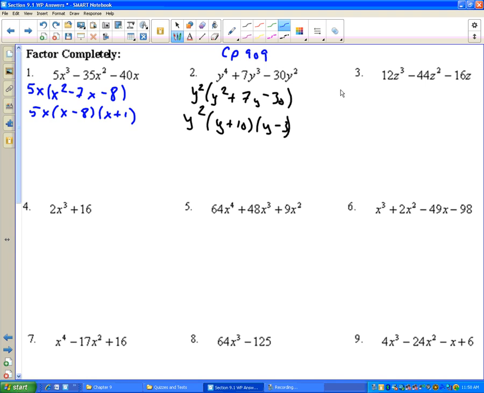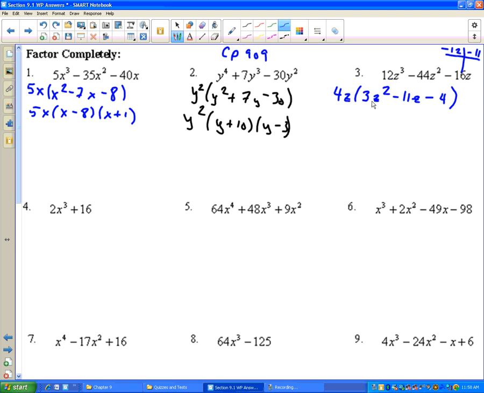Number 3, again fully factored, 12z cubed minus 44z squared minus 16z. I'm going to pull out a 4z. That's going to leave me with 3z squared minus 11z minus 4. Now I need to use the California method. What multiplies to be negative 12 and adds to be negative 11? I'm going to take negative 12 and positive 1.